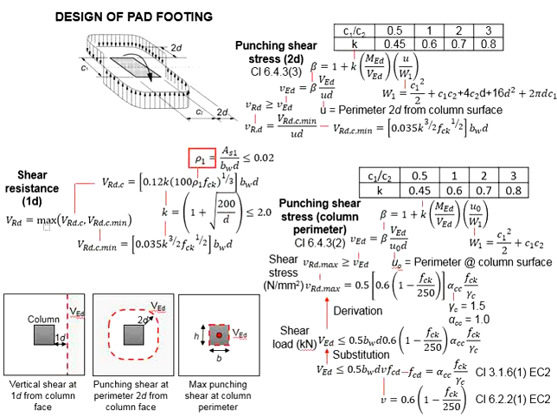Next, we need to determine the reinforcement ratio, which is rho 1. This rho 1 here depends on the As, which is the longitudinal reinforcement bar provided in the pad footing, divided by the effective area, the width times the effective depth, quantifying the percentage of the reinforcement bar out of the effective area. And this ratio here will need to be less than 0.02. That means not exceeding 2% of the effective area.